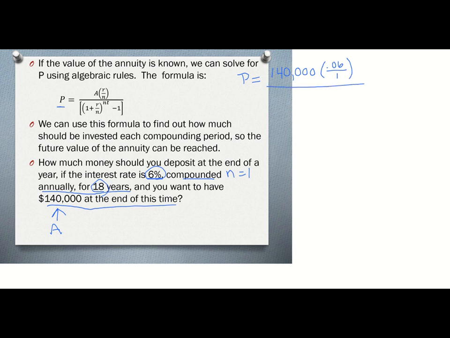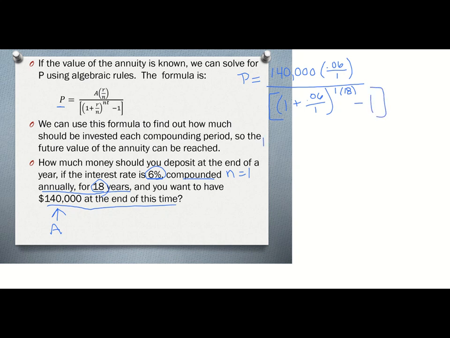And then all of that is going to be divided by 1 plus my 0.06 divided by 1 raised to, and this time it's going to be 1 times 18 because N is 1. It's compounded annually, minus 1.